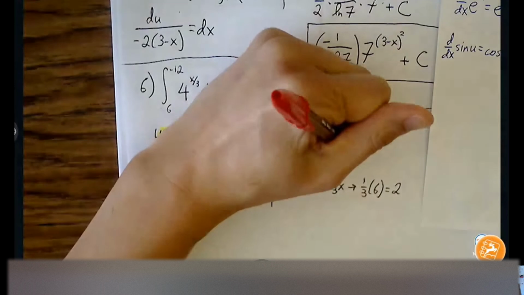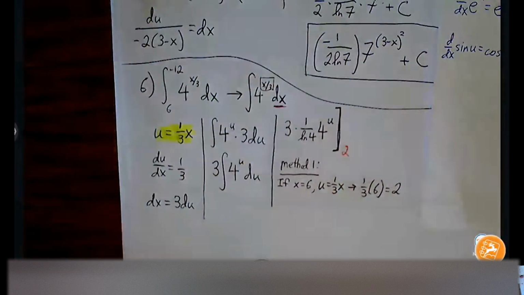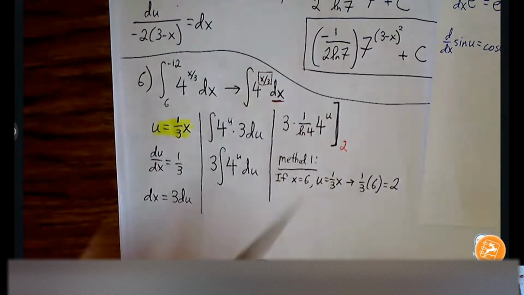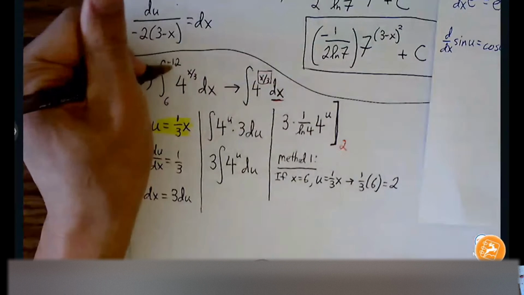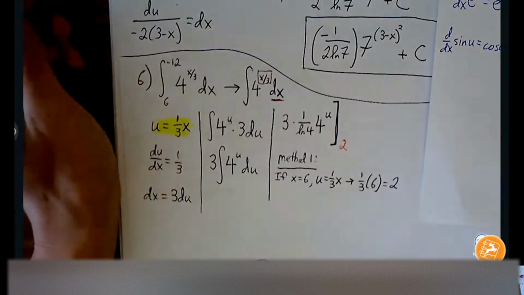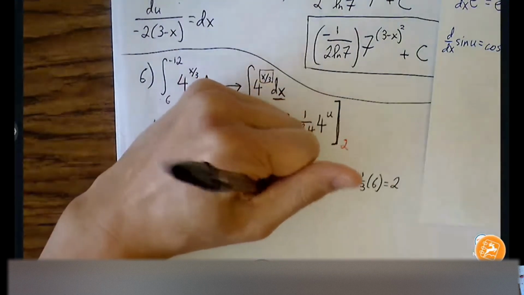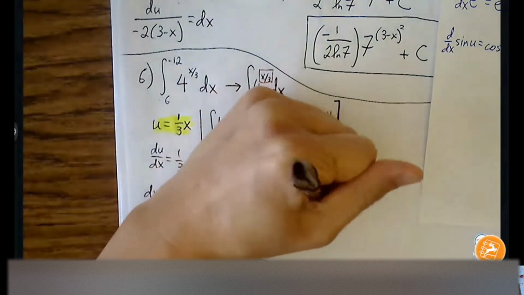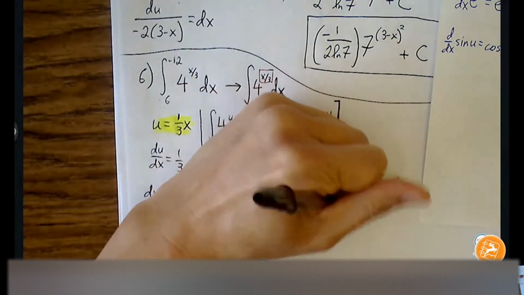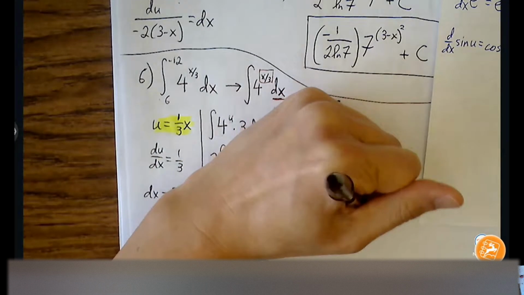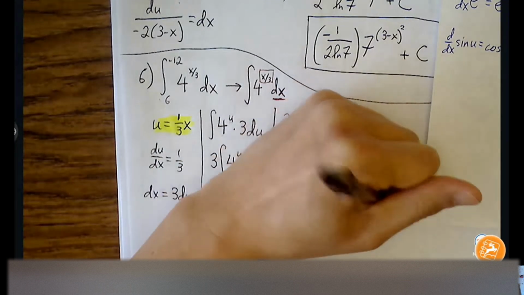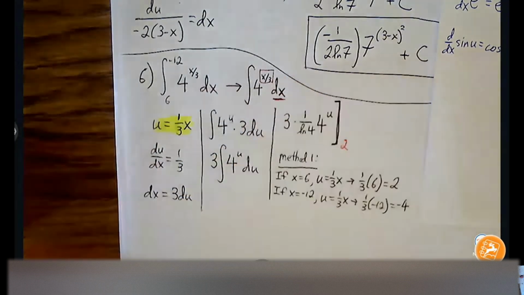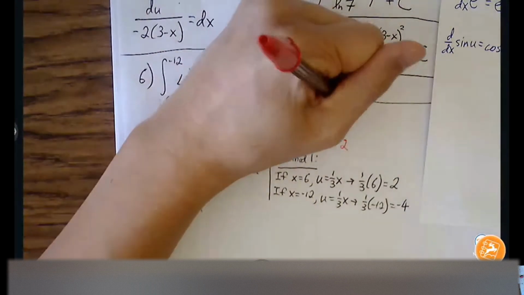So our updated lower bound is 2. We're going to push the -12 through that conversion process as well. My upper bound is -12, which gives -4, so my updated bound is -4.